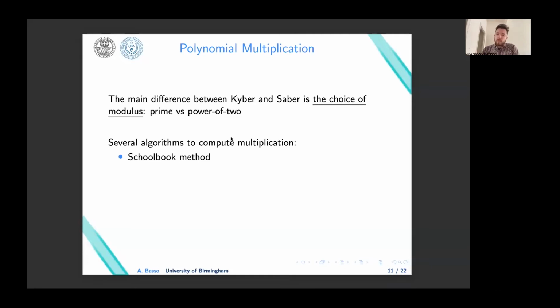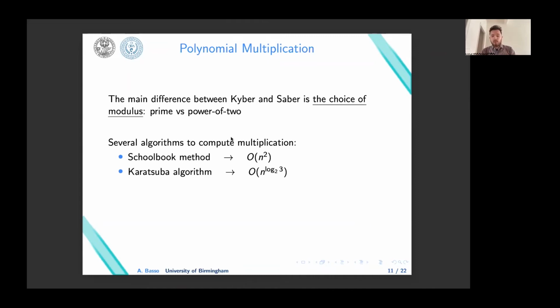There are several ways to compute multiplication. The simplest way is the so-called schoolbook method, which is the method that you learn in middle school, where you multiply each coefficient by every other coefficient, and that has O(n squared) complexity, where n is the number of coefficients of the polynomials. Then there is the Karatsuba algorithm that improves on this and achieves n to the log base 2 of 3 complexity.